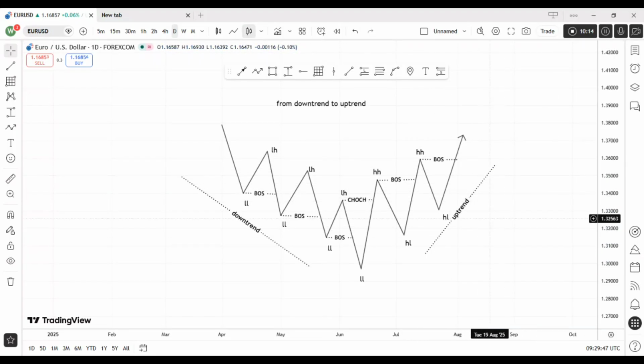So we shall go to our chart and identify these structures on the chart. Let's go to the chart.